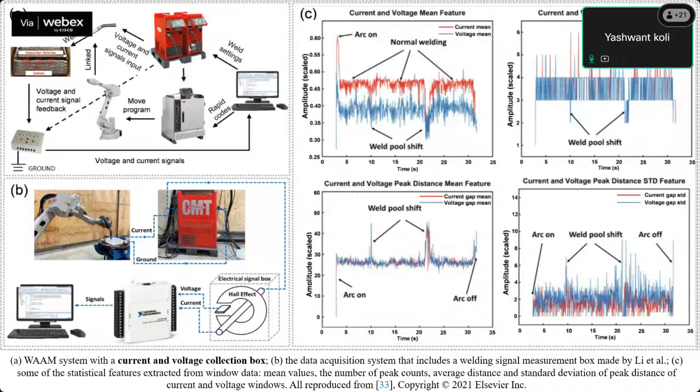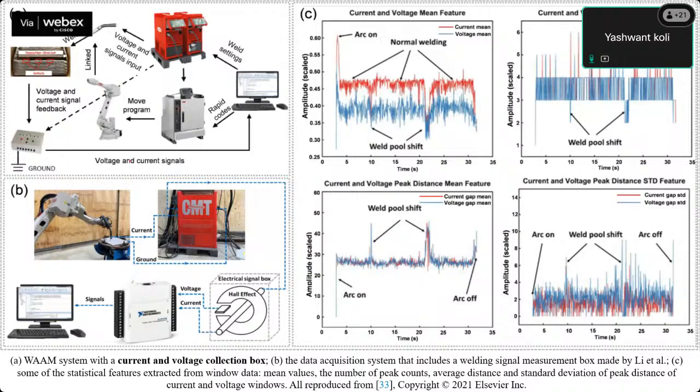The deviations in current and voltage waveforms can detect these things, and these signals are widely used for detecting porosity, burn through, lack of shielding gases, dirty parts, penetration issues, and spatter. So many of these problems can be detected by the current and voltage waveforms. These can be captured using an oscilloscope.